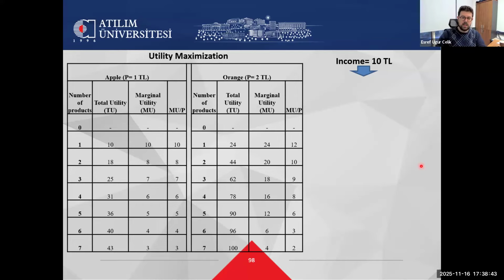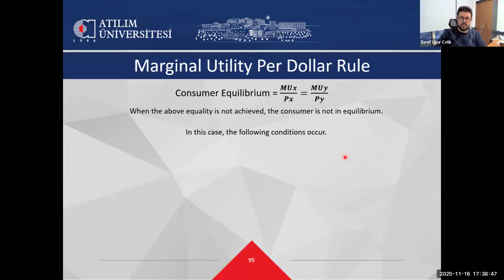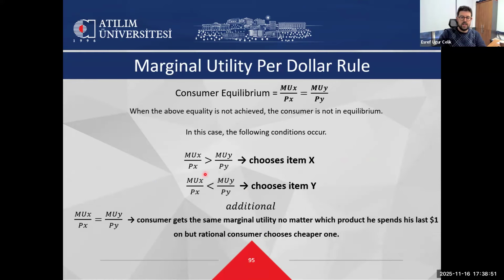Let's remember that part. Let's think this is apple, this is orange. If you see that condition, choose apple. If you see that condition, choose orange. If you see equality, apple is 1 Turkish lira, orange is 2 Turkish lira, so choose apple.